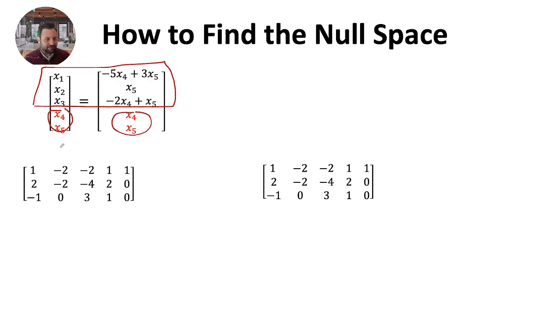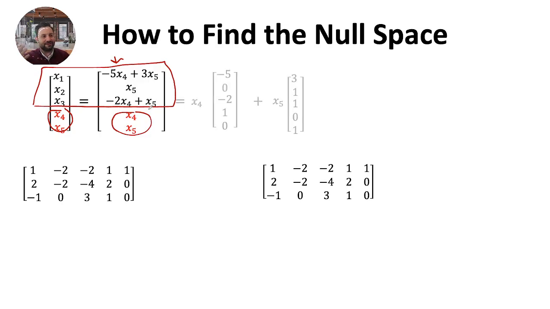So then I can write this as a summation. All this part is equal to my x, which gives me Ax equals 0. I was able to write the vector x as a function of my x4s and x5s.